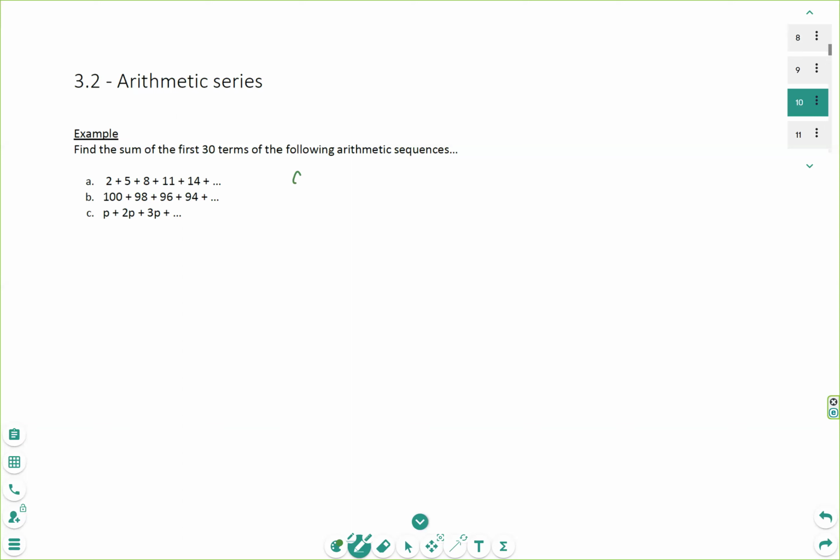Question A: we want to find the first 30 terms, so it will be S30 we're looking for. Now for those who have really bad handwriting, which I used to, your S, your 5, your 3, be careful, they look very similar. So S30 equals, I just write the formula, n over 2, bracket 2a plus n minus 1 times d. 30 over 2 is 15.